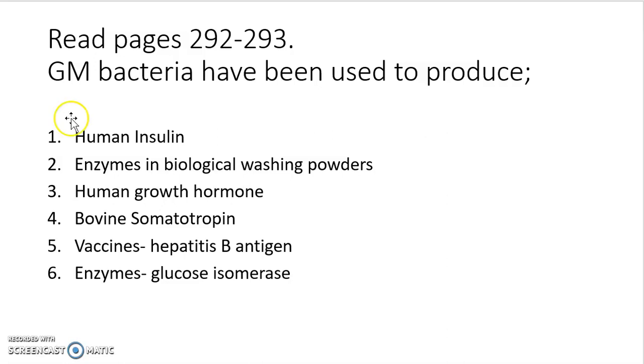When we're looking at human insulin, we've talked about how this is produced in quite some detail, but revisit what insulin actually does within the body. Remember, it's there to balance the glucose levels within your blood. It works alongside glucagon. Make sure that you're clear with what that insulin molecule is actually doing in the body.